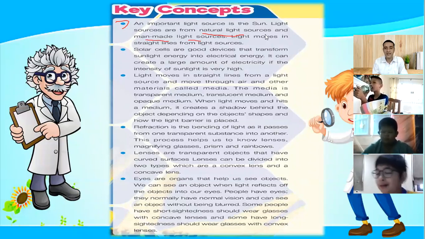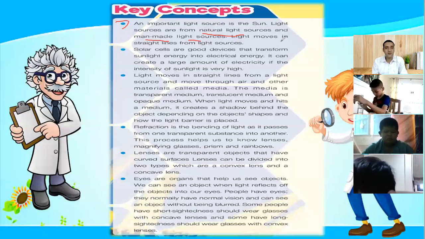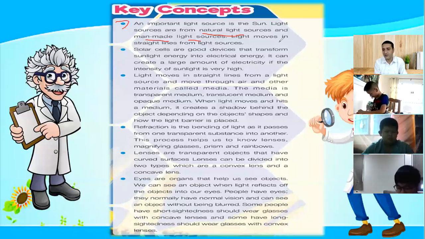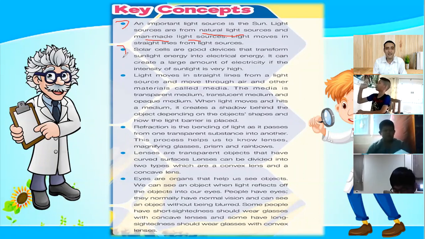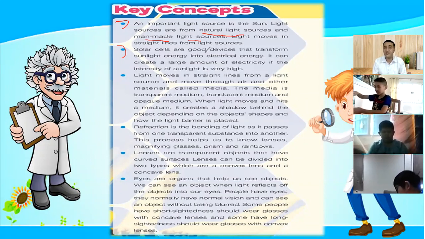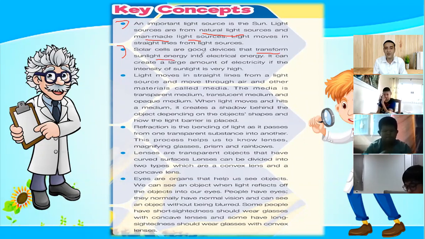Next, light moves in straight lines from light sources. So always the light moves in a straight line from the source of light. Now the next concept is the solar cell. Solar cells are good devices that transform sunlight energy into electrical energy.